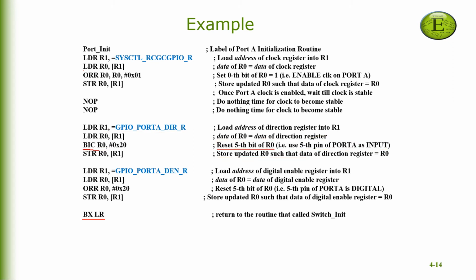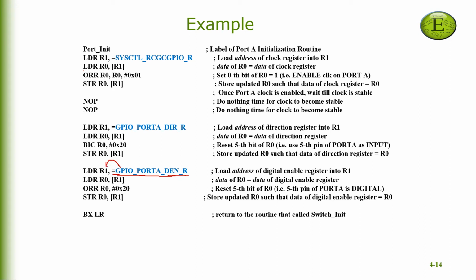Once the direction has been set and the clock has been enabled, then the final step is to enable the digital functionality of the port. For this case, the register is the digital enable register. We'll repeat the same steps. We're going to use the PC relative addressing mode using this equals to sign. We are going to load the address of that register into R1.